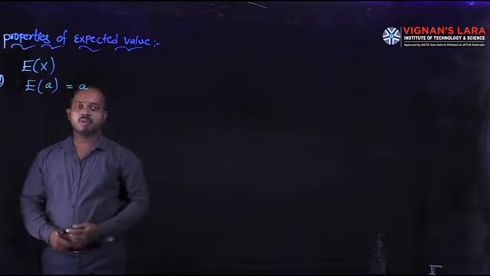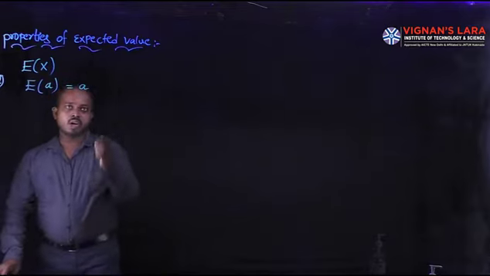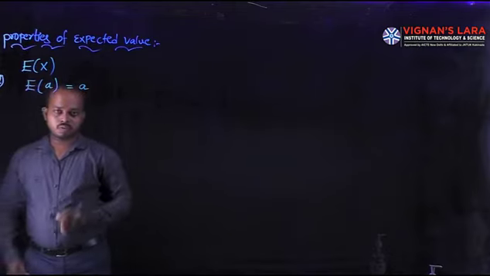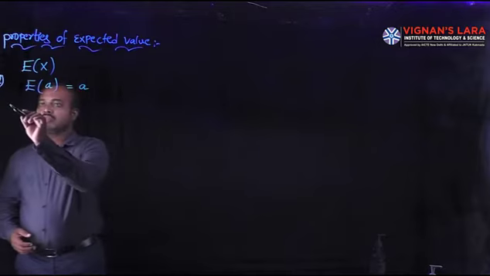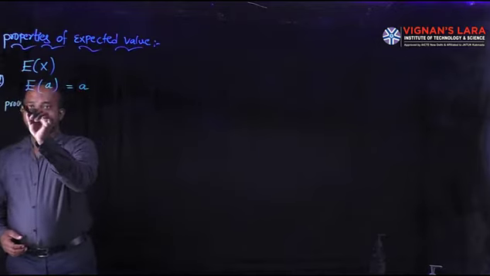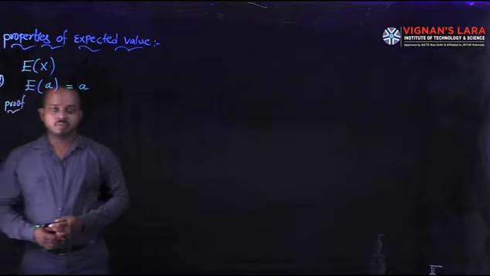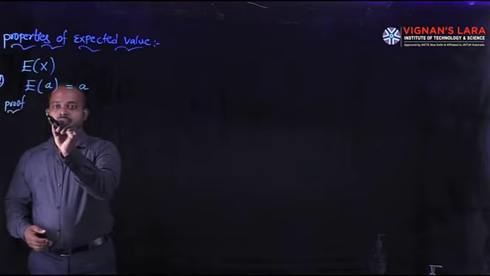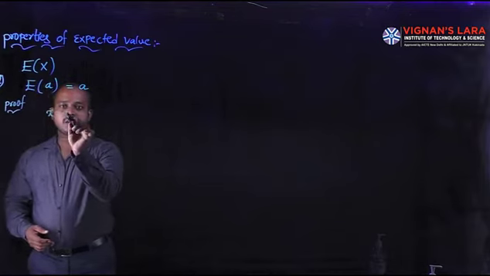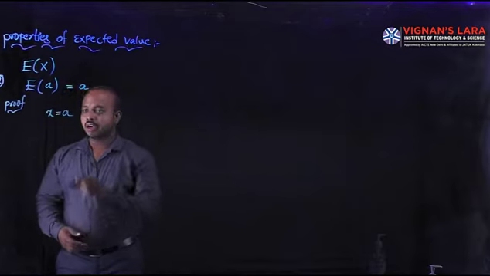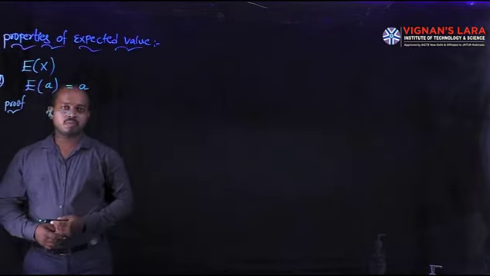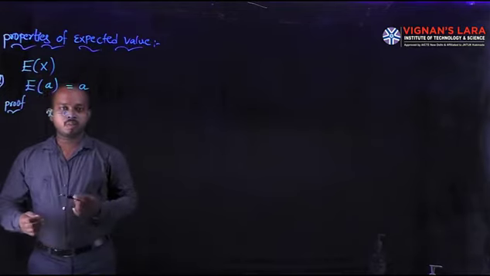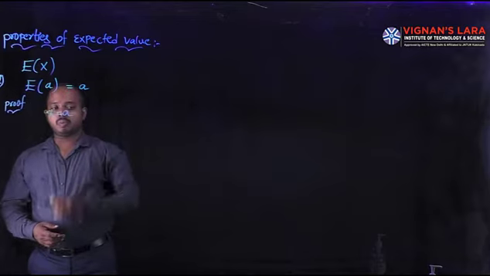How do we obtain this property? We need to derive the value of small a, so I am taking the fundamental definition of expected value. For providing the proof of this property, take the constant value, where the X value is A. According to the definition of the probability density function, we can write the fundamental definition for expected value.